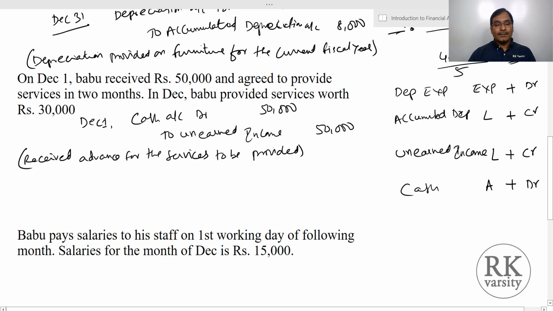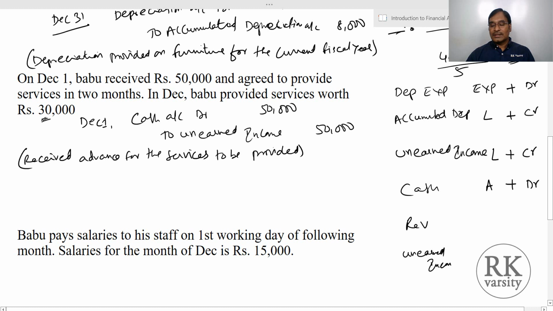In December, Babu provided service worth rupees 30,000. So that means from these advances, now you are receiving a revenue. One is your revenue and the second one is your unearned income.